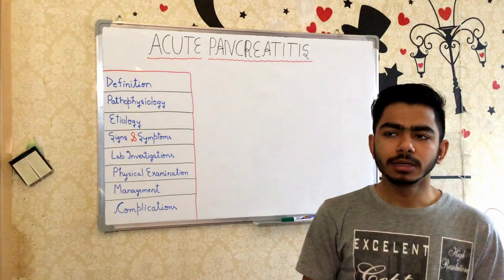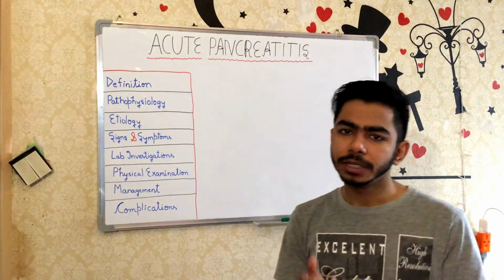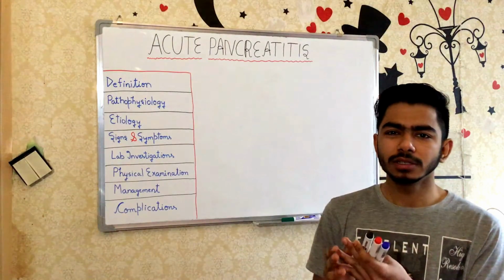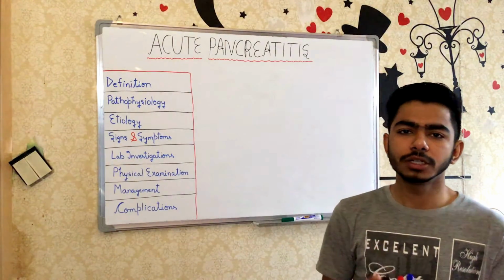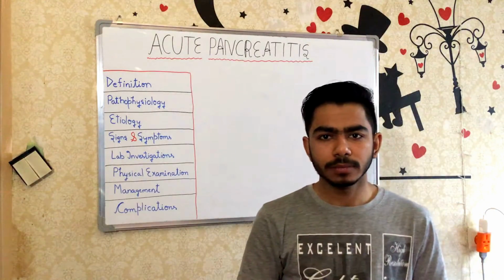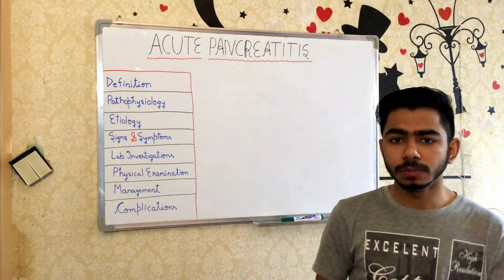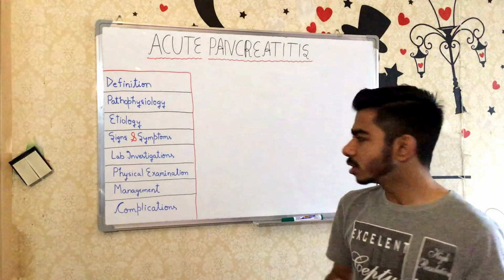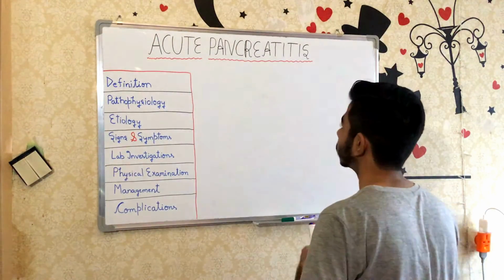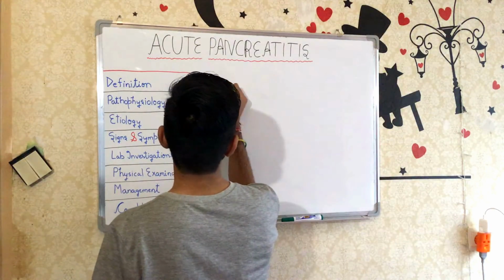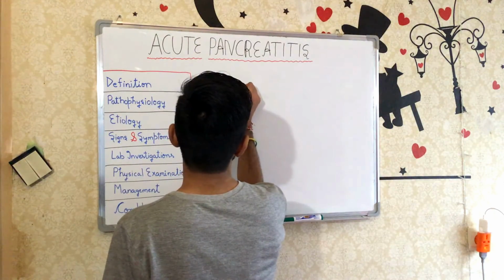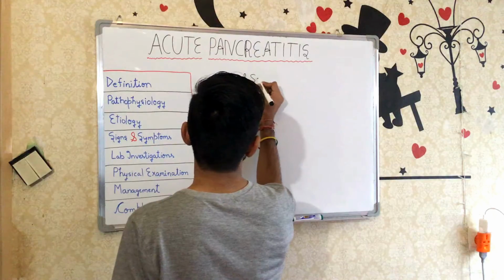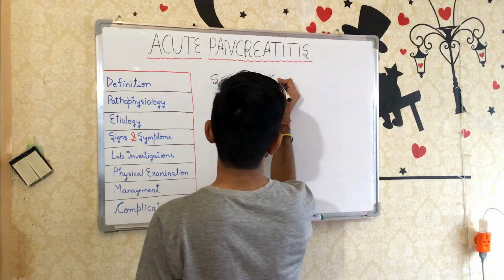As the pancreas is already inflamed in such patients, if the pancreas secretes enzymes into the pancreatic duct, it will be more painful for such patients. They can have vomiting. So let's talk about signs and symptoms.